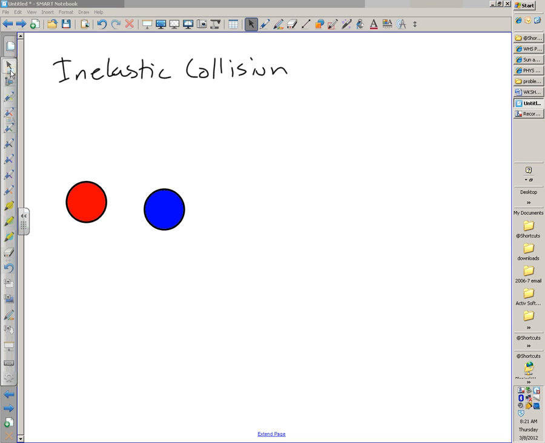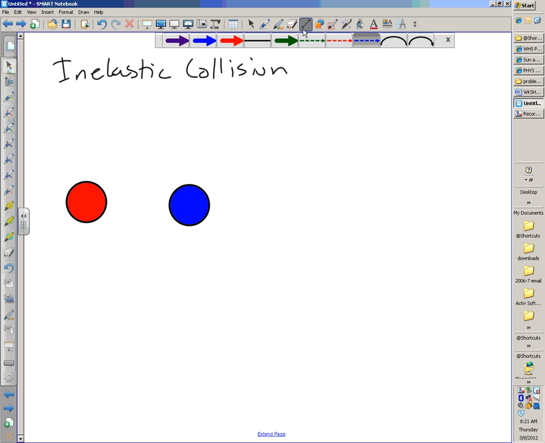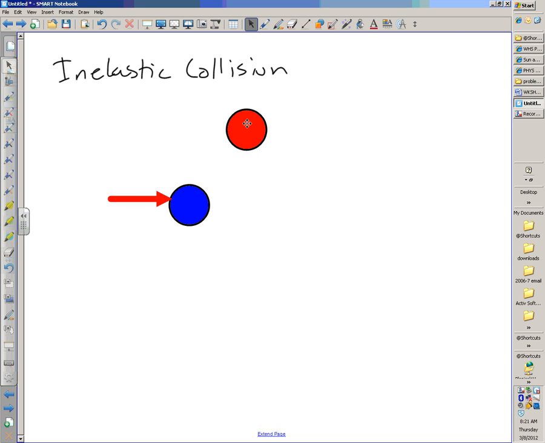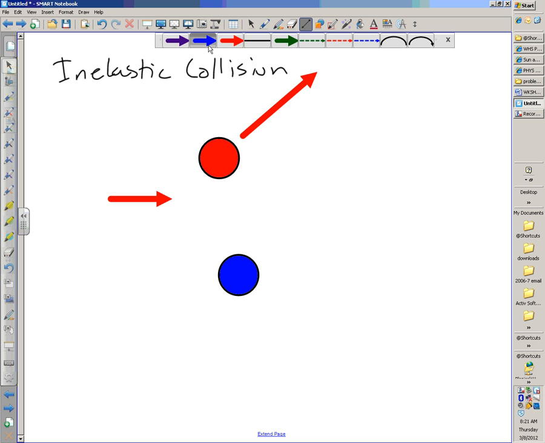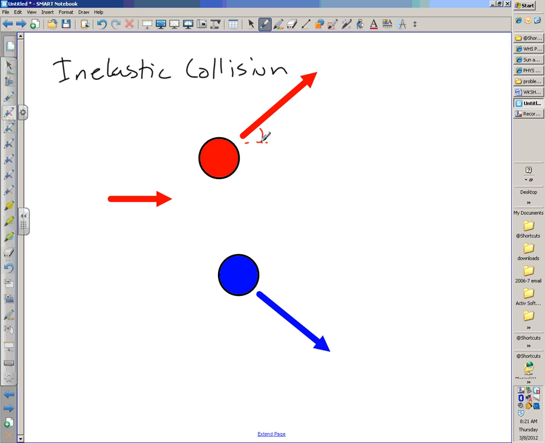Once again, the red object is moving to begin with, not straight. Then red goes off in this direction, blue goes off in this direction, but they didn't tell us either of the final velocities. But the one thing they did tell us was that if we measured this angle, red theta, and this angle, blue theta, it turned out to be a 90-degree angle.